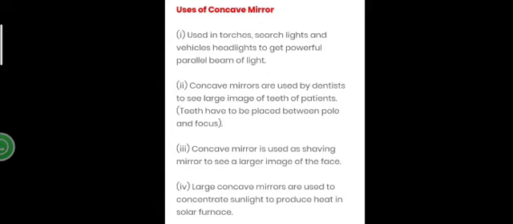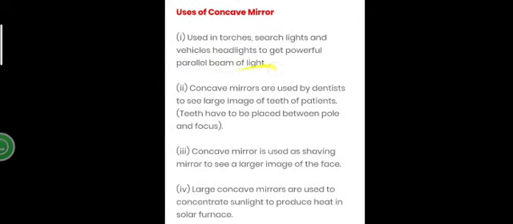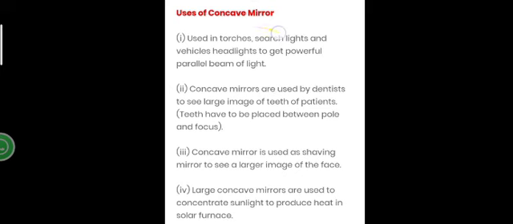Why? To get a powerful parallel beam of light. At night, we need a parallel beam of light to see the way and spot dangerous animals, and that is given by the concave mirror.